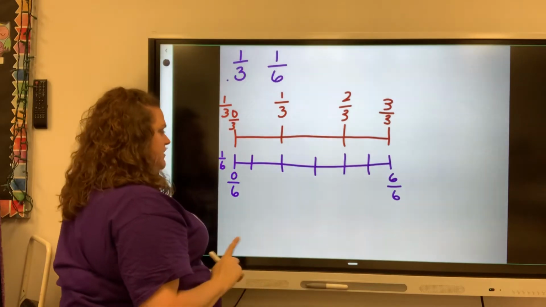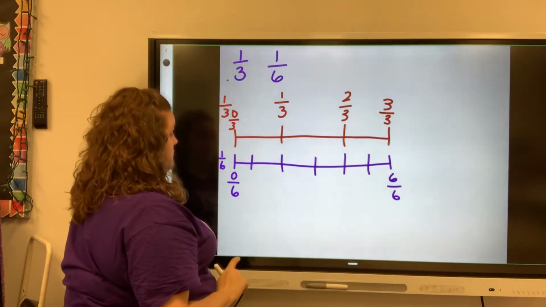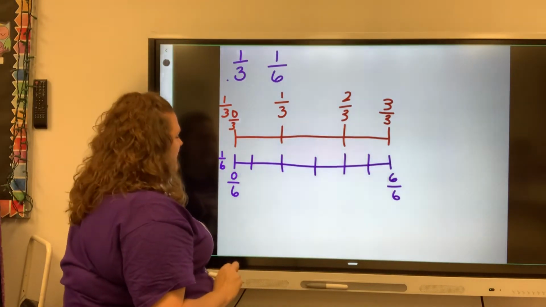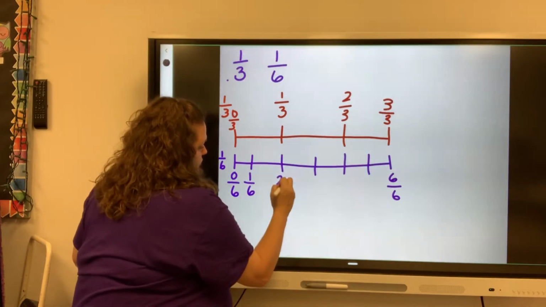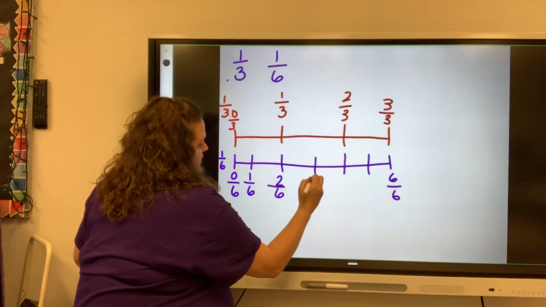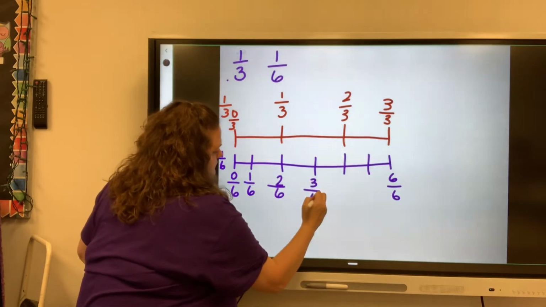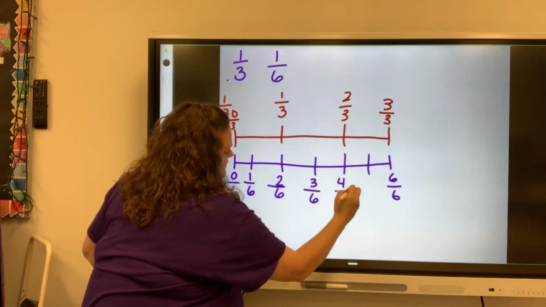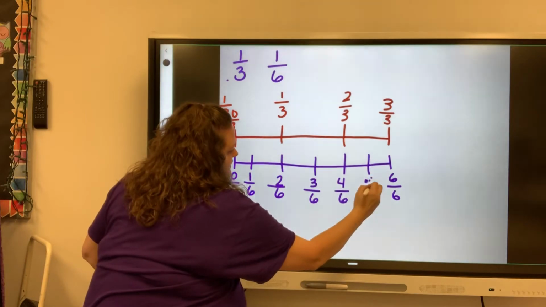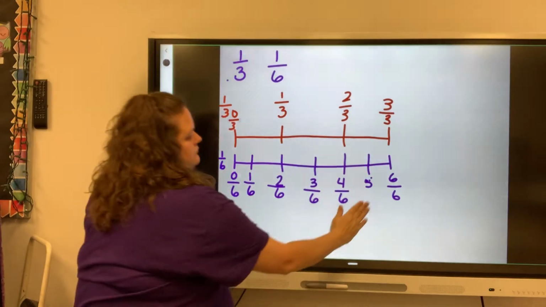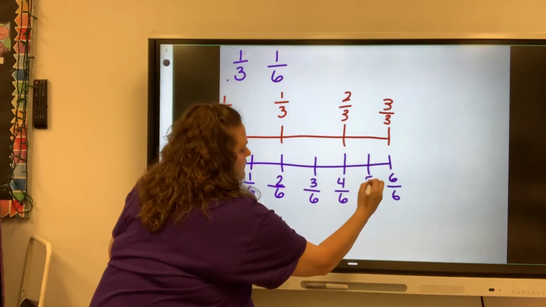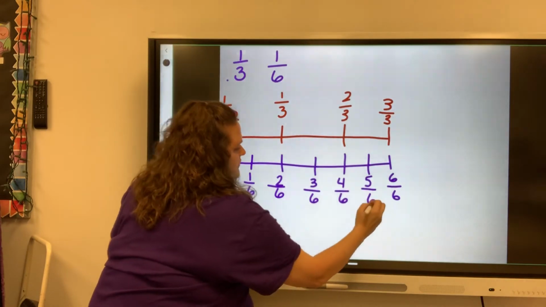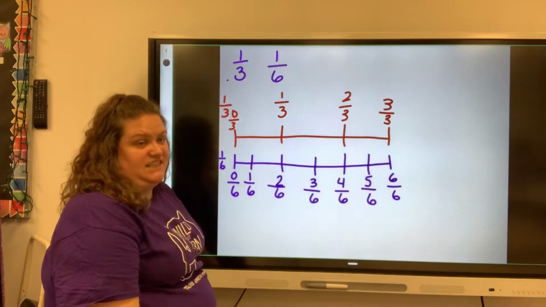Ooh, I think I did pretty good at making them equal. It's pretty cool. So I'm going to label my line at 6's. 1/6, 2/6, 3/6, 4/6, 5/6, and then I already have my 6/6.